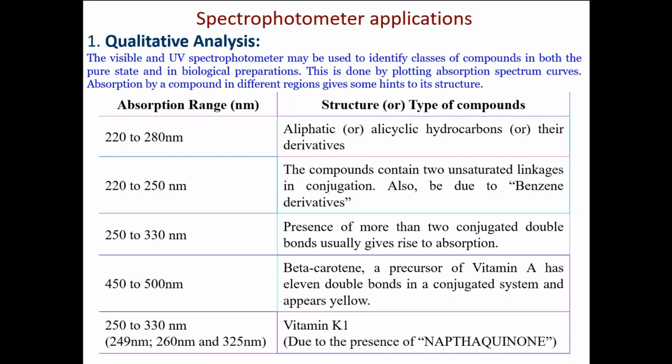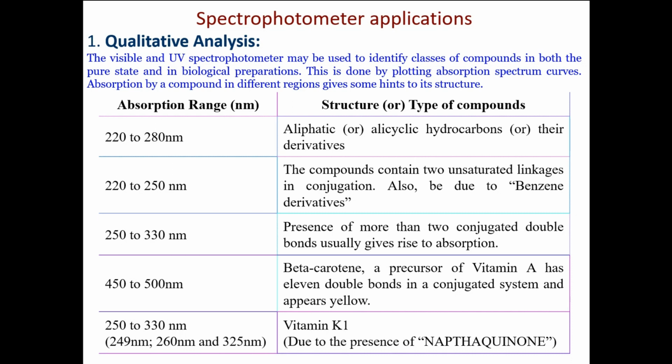So you can see the behavior of the compound at a particular wavelength or a range of wavelengths. In that case, you can characterize what kind of molecules will absorb at a particular wavelength. So let's see the table here.